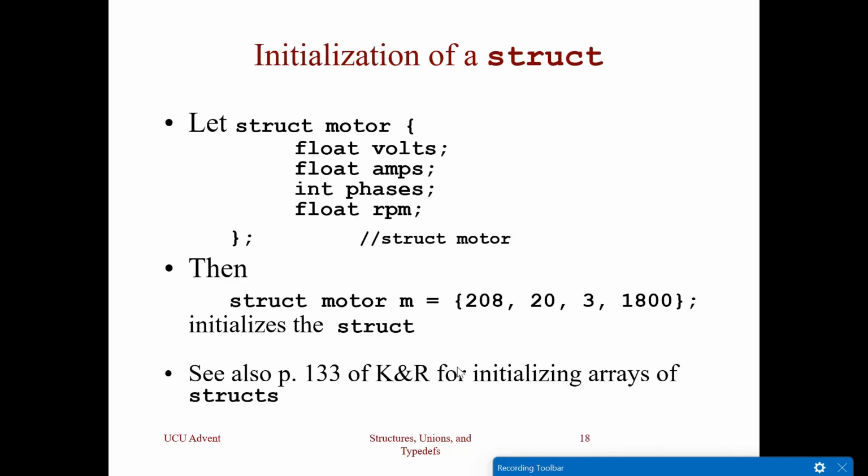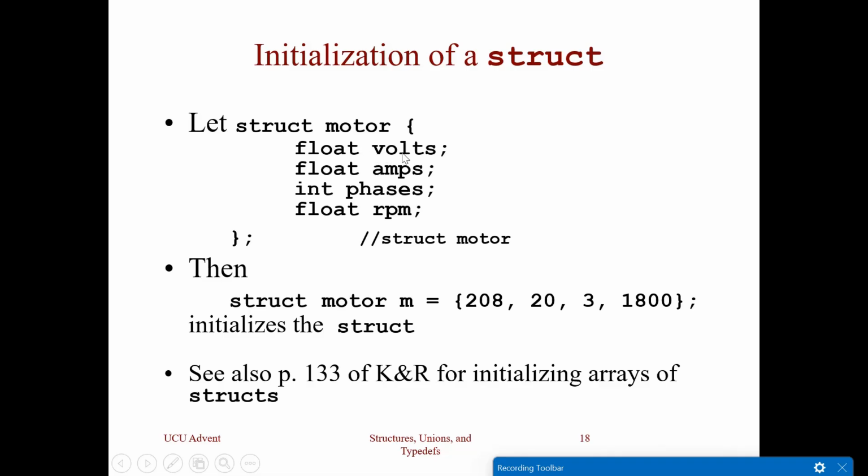How do we initialize the structure? We initialize the structure using the keyword struct and then the name of the structure, which is motor. Then we open the bracket, close the bracket, and put a semicolon at the end of the last bracket. We can initialize members of different types.